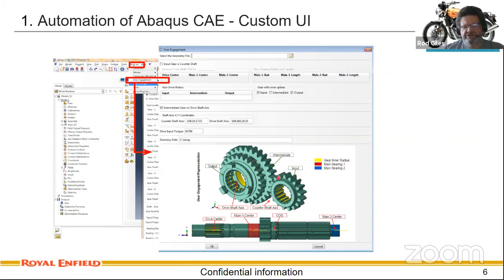So we need to look at the stresses not only in the gear tooth, but also in the gear wheel as well. So this dialog box looks at individual gear pairs and can completely automate the setting up of the model and applying all of the loads, constraints, boundary conditions, and so on.